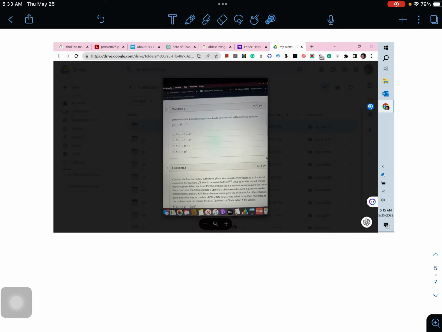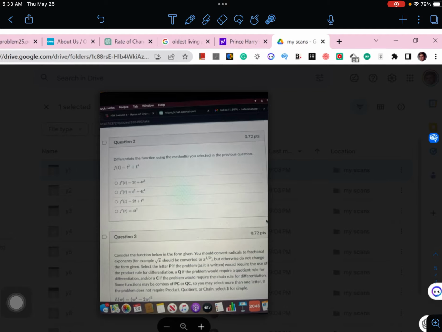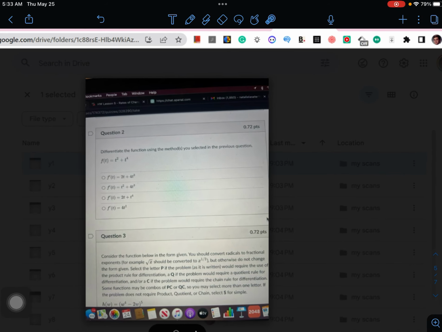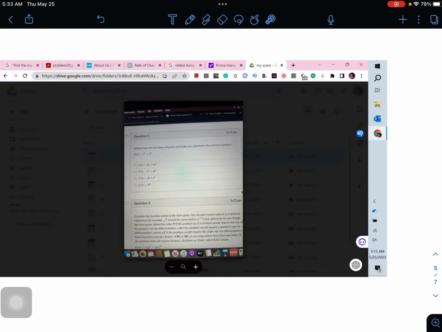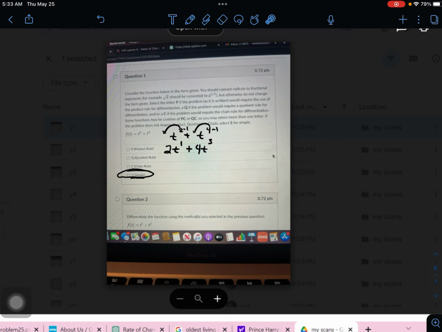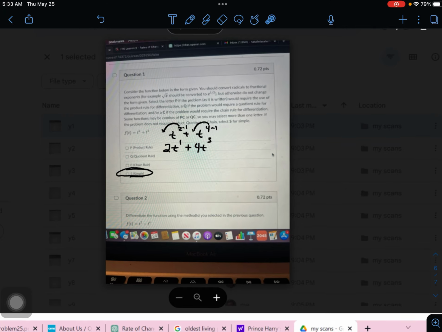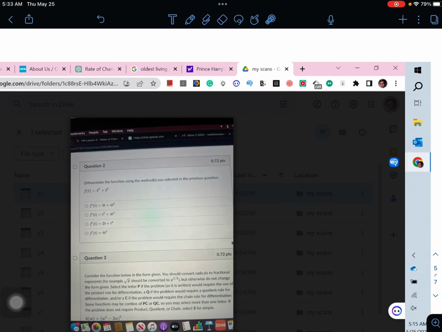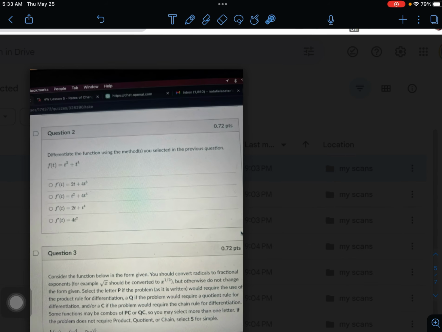Hold on a second. Here we go. Is that the same one? Question 2. Hold on one second. t squared, t to the 4. Oh, I see. Yeah, we just differentiated that.